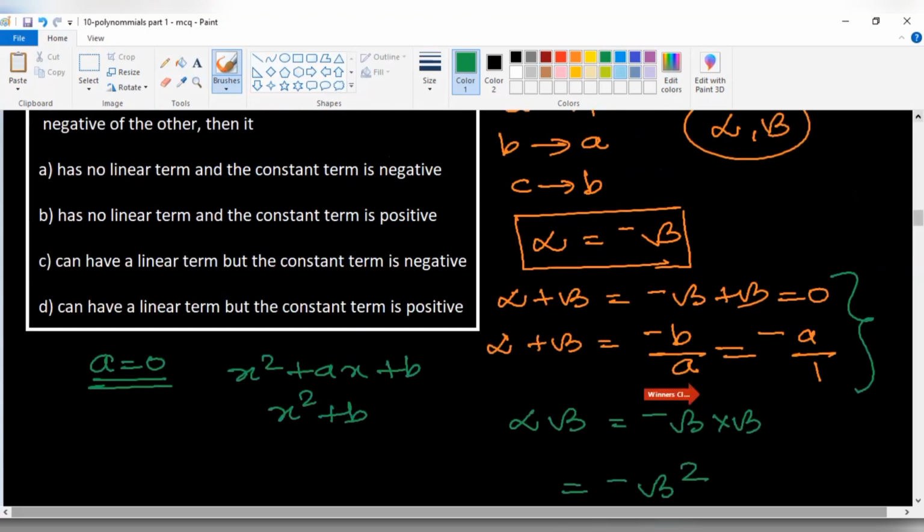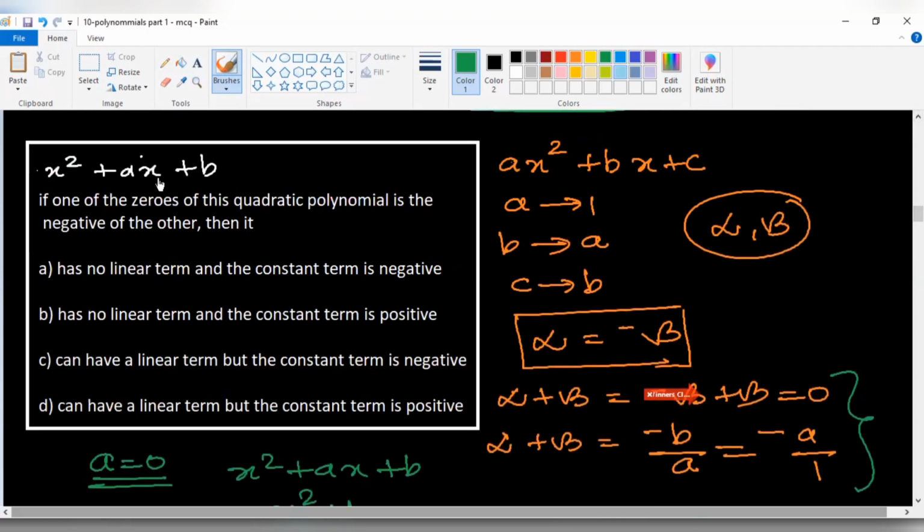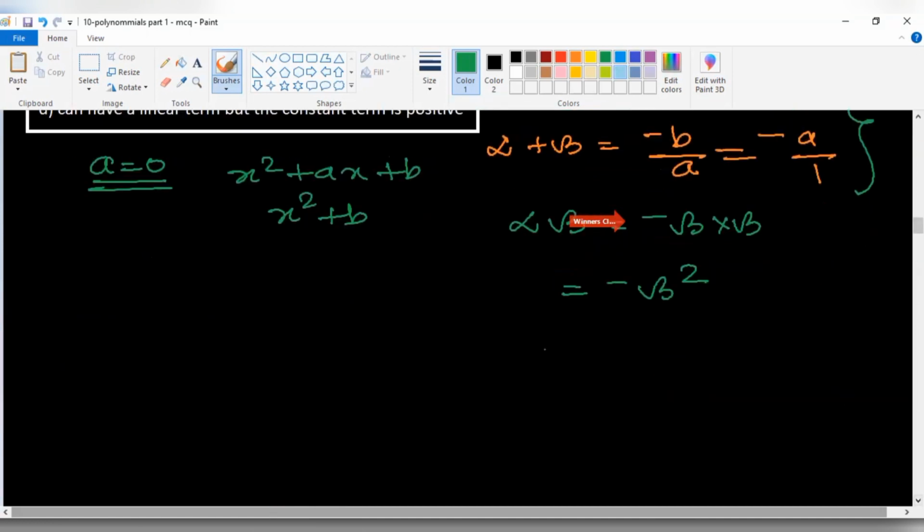And in this given expression or quadratic polynomial, alpha beta, we know it is c by a, and here in place of c we have b, and in place of a we have 1. So alpha beta is b. So what we can say? b is negative, right?